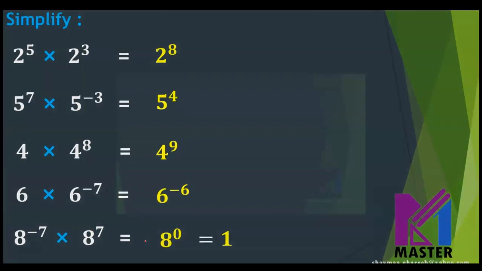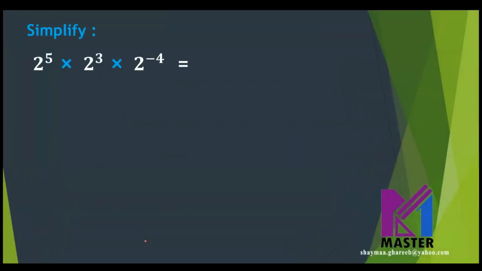Now let's see a different example. What if I have three numbers multiplied together? It's exactly the same. I will keep the base number, which is the 2, and I will add all the powers in the sentence.